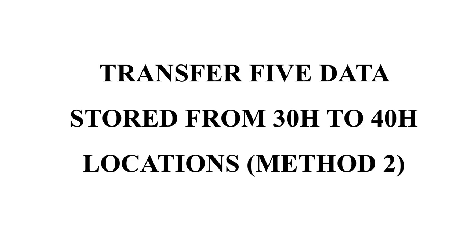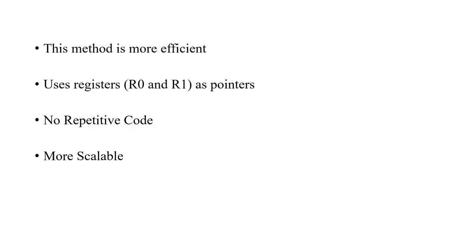Today we will see a program which transfers 5 data values stored in memory locations starting from 30H to 40H using a more efficient method, that is method 2. This method is more efficient than method 1, and here it uses indirect addressing, that is it uses registers R0 and R1 as pointers, making the code more compact and flexible.